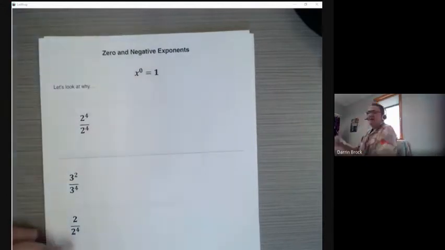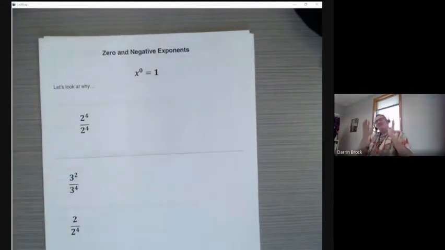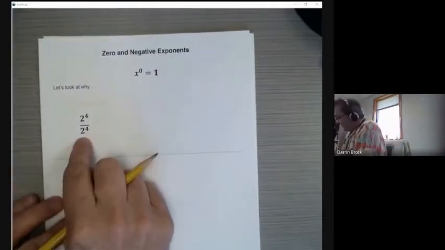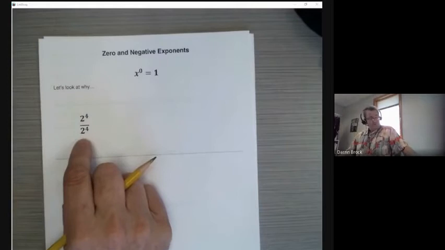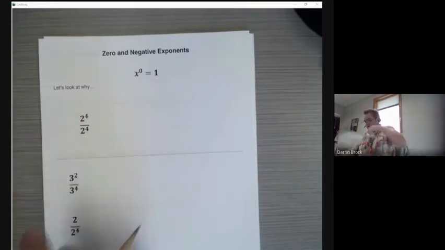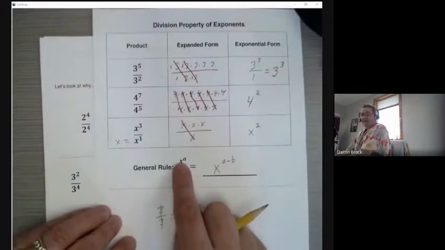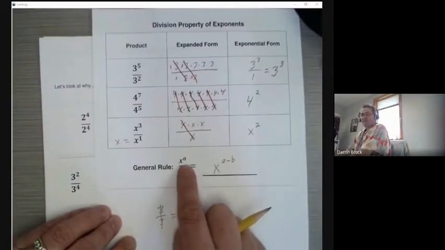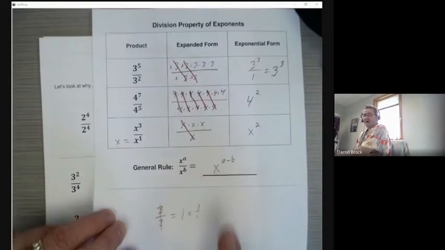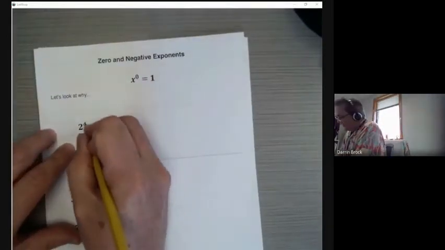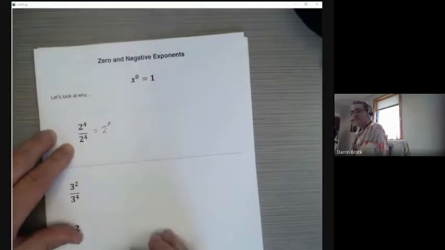So let's talk about why. I said that, but I didn't really explain why. That's what I'm doing today. 2 to the 4th divided by 2 to the 4th. Our rule for division, which we just looked at, says that if we're dividing with the same base, we subtract. So we take the 2, and 4 minus 4 is 0.